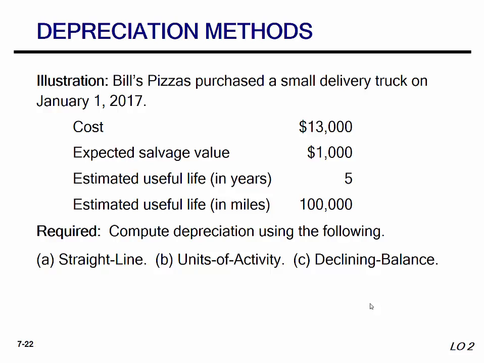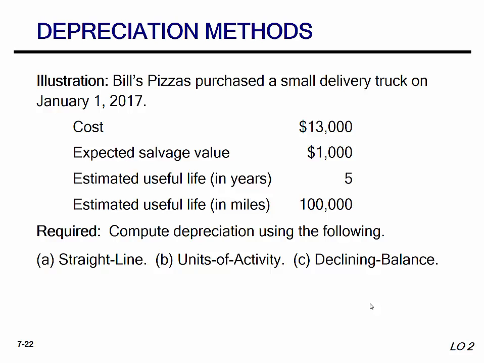We're going to use this data set for these three particular examples. All right, so Bill's Pizzas purchases a small delivery truck on January 1st, the first day of a calendar year. The cost, $13,000.